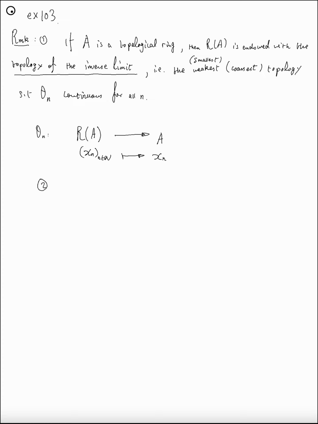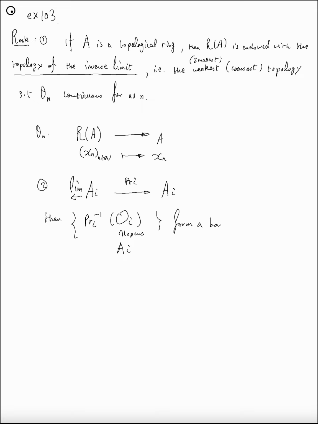Second remark. So in general, if you have an inverse limit, let's say of A_i, with the projection onto the i-th coordinate denoted by projection p_i, then the inverse images of the opens O_i of A_i form a basis for the inverse limit topology.